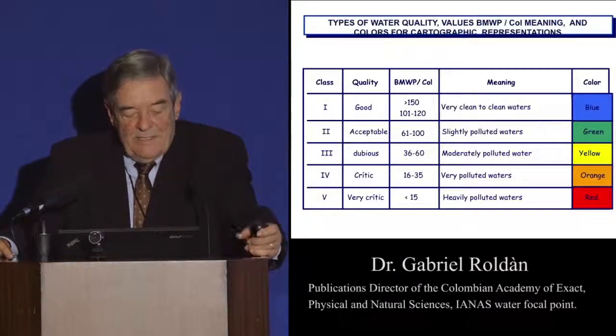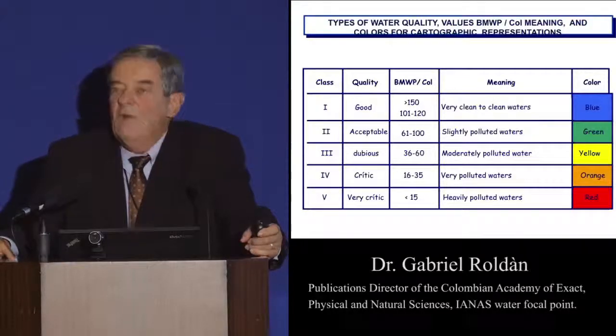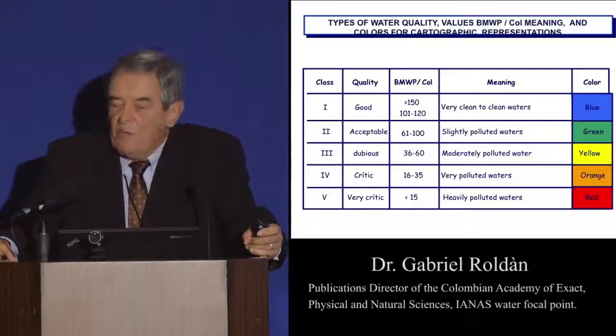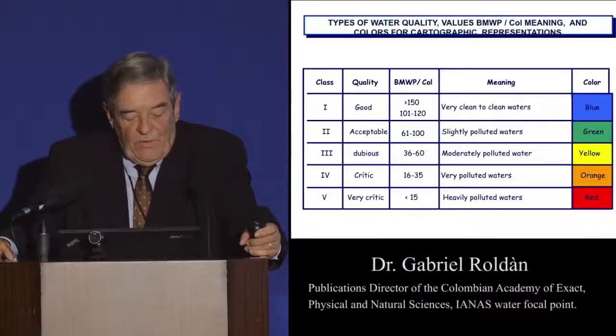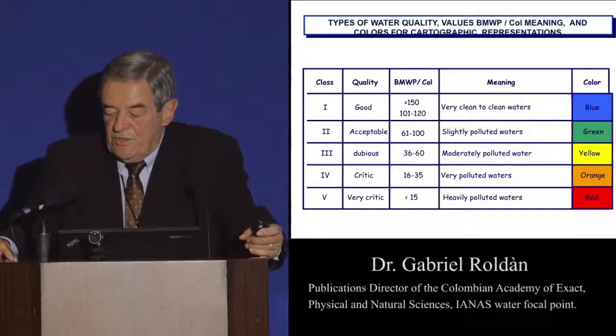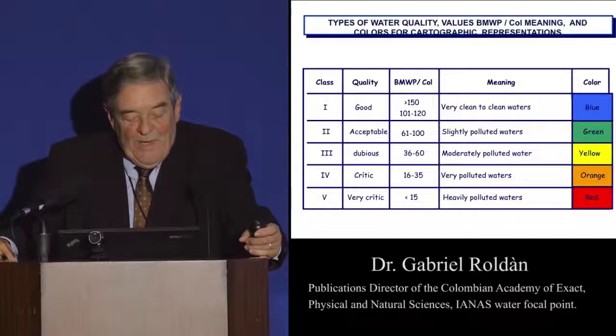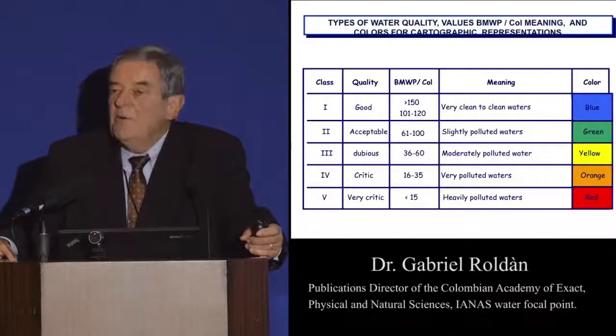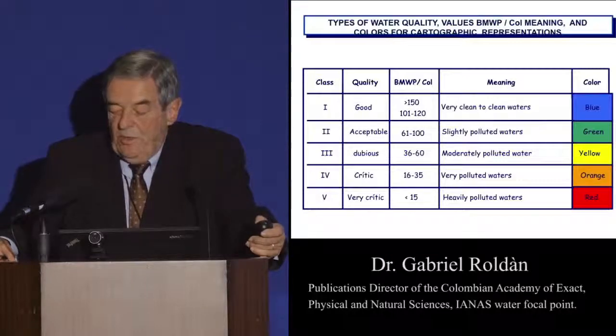The third class is dubious water, moderately polluted water, and we use the yellow color. The fourth class is very critical water, very polluted water, and we use the orange color. And the fifth class is very critical, heavily polluted waters, and we use the color red.